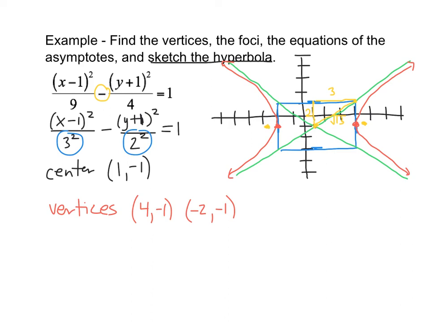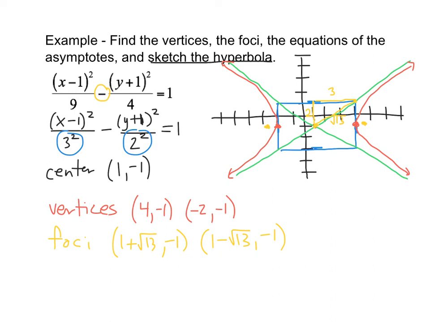We can, though, label it or write it down as they asked us to, that the foci would then be 1 plus the square root of 13, comma -1, and 1 minus the square root of 13, comma -1. Be careful that you don't just always add it onto the x coordinate. If this had the y squared term first, it would be up and down, and you'd have to add it and subtract it from the y coordinate.